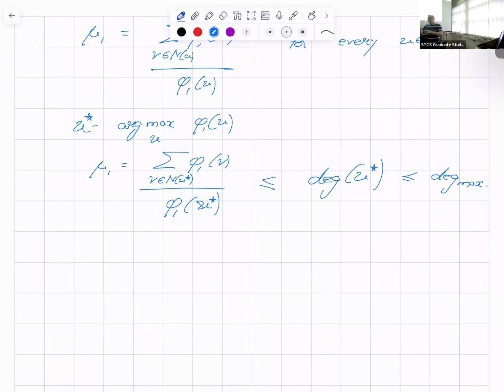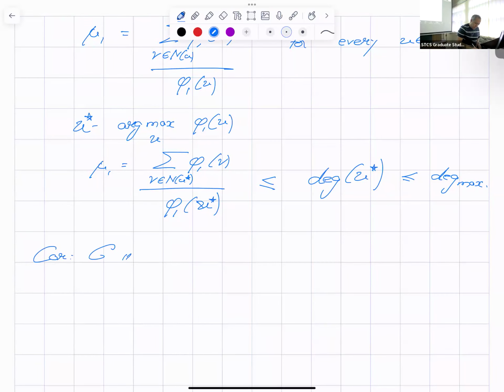Now you can do it with the next ones too. So in particular, phi1 will have to become a flat vector on the connected component containing the max. The graph may be disconnected, I do not know, but this will just percolate through all the neighbors. And furthermore, all of those vertices have to have this degree, because otherwise one of these will become a strict inequality. So in particular, we have also proved the following corollary.